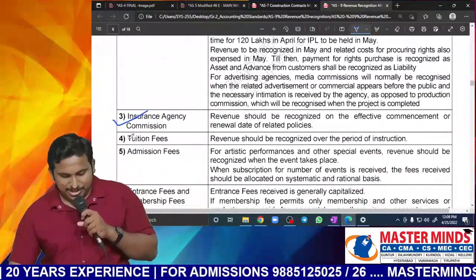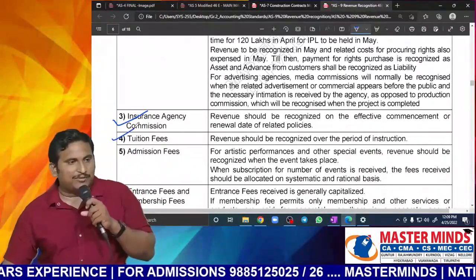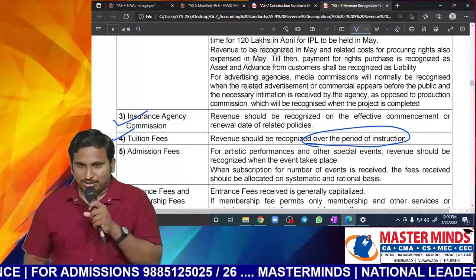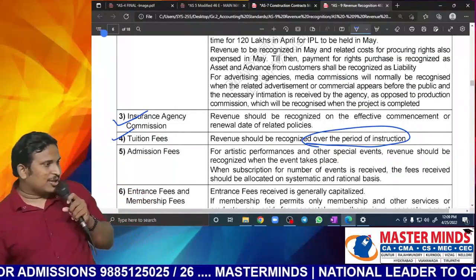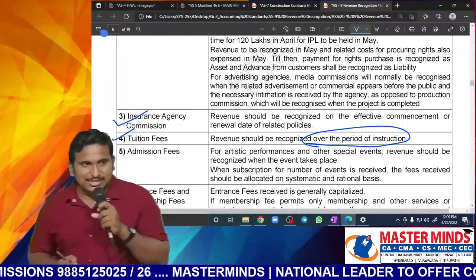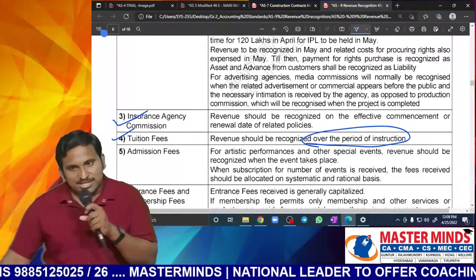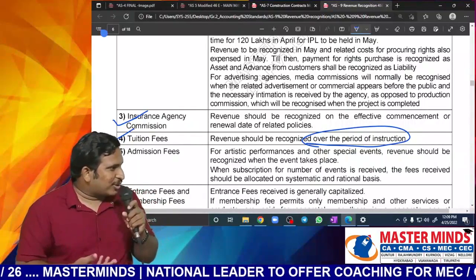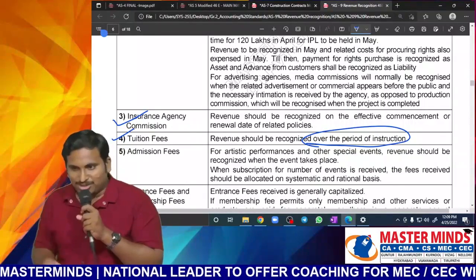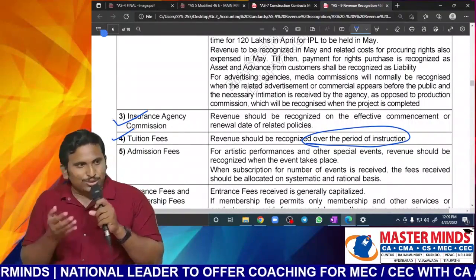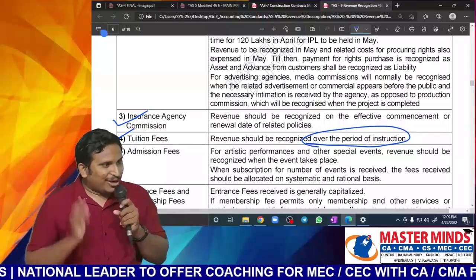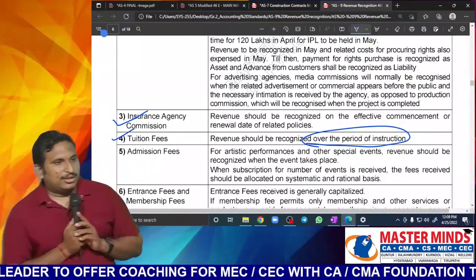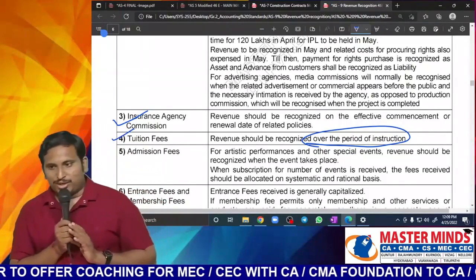Insurance agency commission. Tuition fees I have already discussed. When do you think tuition fees will be recognized? Over the period of instruction or coaching. Now, insurance agency commission. I think insurance agents will be there. Number of times you might have come across agents coming to your house for policies. Please take one policy, they will get some commission. When do you think they should recognize the revenue?